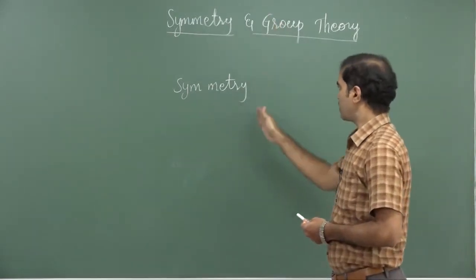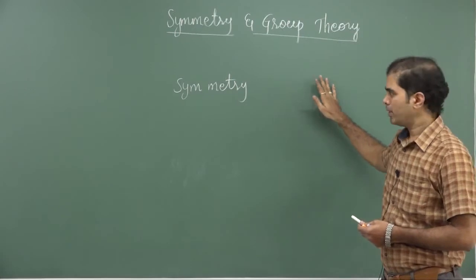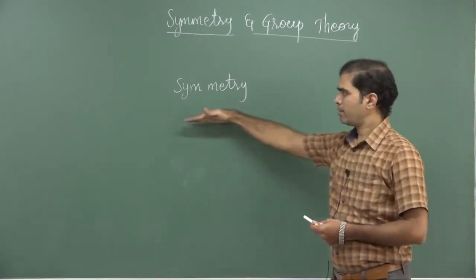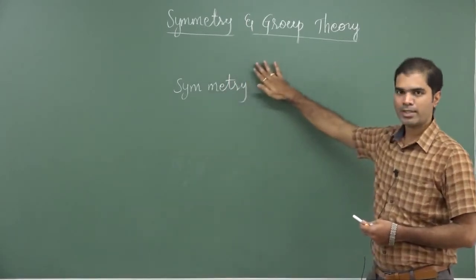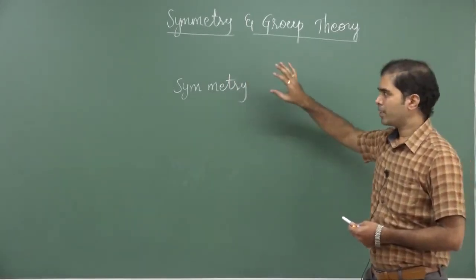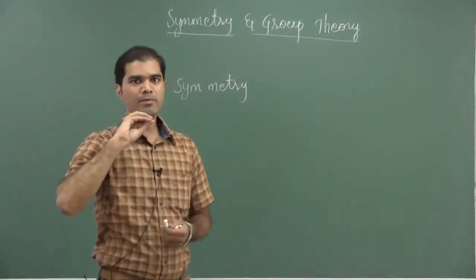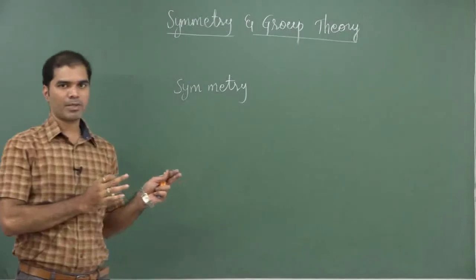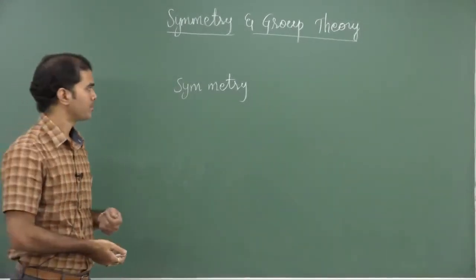Suppose I pass a plane, one half is a reflection of the other half, or if I pass the same plane in different coordinates, again one half will be the reflection of the other half. So just by imagining this reflection or a plane of symmetry, we say that one particular object is looking symmetric or another object may not be looking symmetric, right?